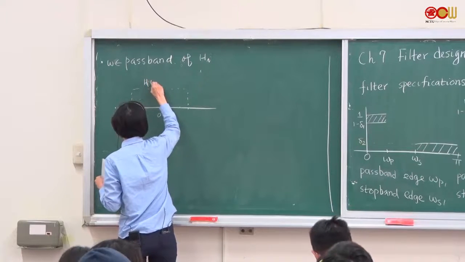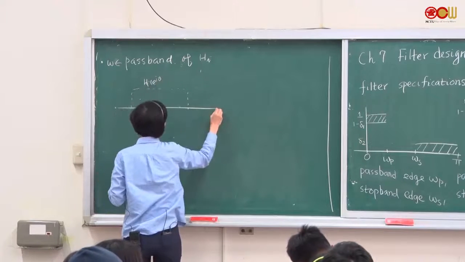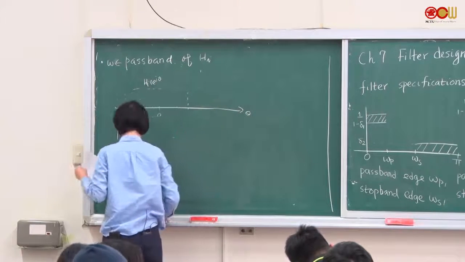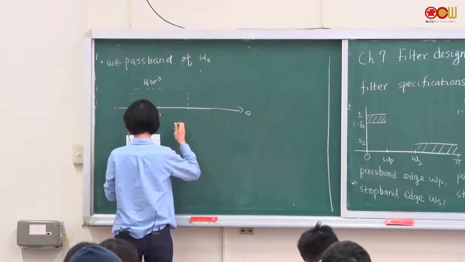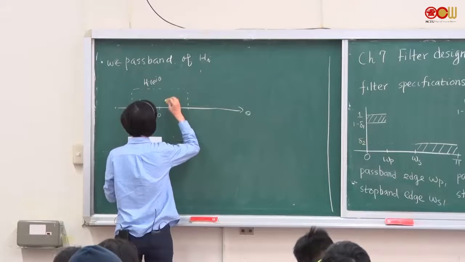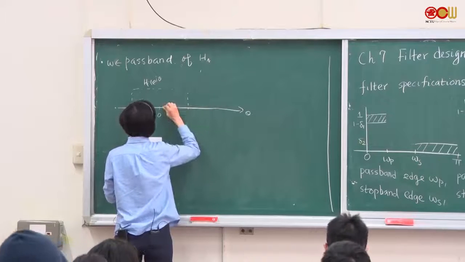Let's say this is the ideal low-pass filter, H_i(e^jθ), and this is θ. When ω is in the passband of H_i, this is what we get.